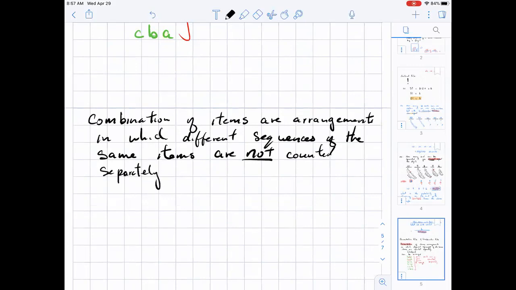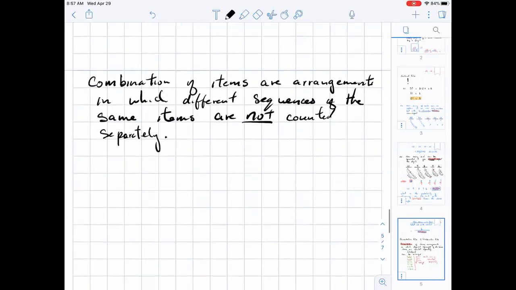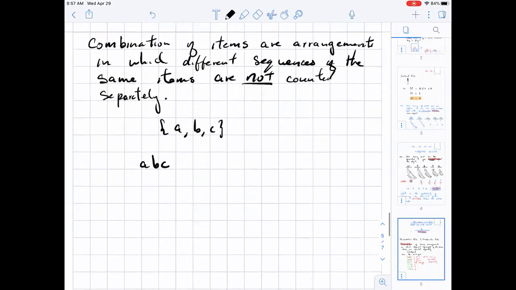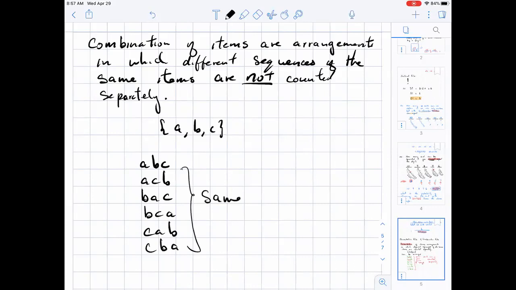So once again, if we have our example A, B, C, the arrangements ABC, ACB, BAC, BCA, CAB, and CBA are all considered to be the same combination.